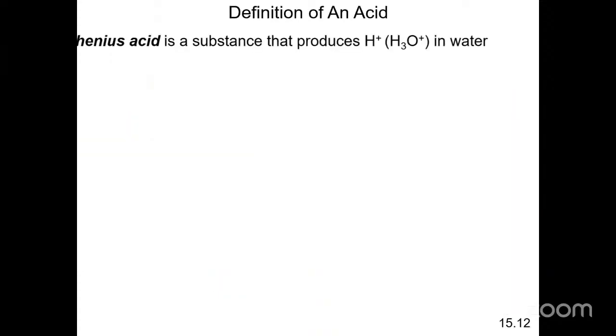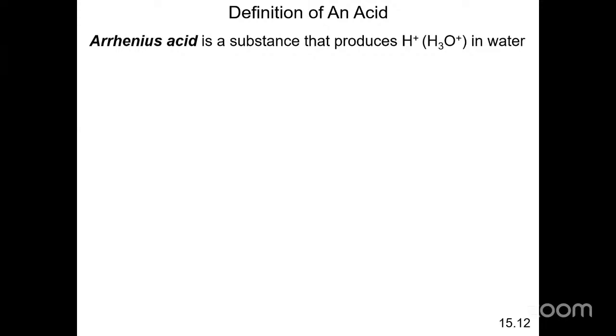Okay, now, we talked about 2 definitions of acids, all right? We talked about the Arrhenius definition, and we talked about the Bronsted definition, right? And we did similar definitions for bases. So just focusing on acids here, just to remind you, an Arrhenius acid is a substance which, when added to water, produces H+ ions, right? A Bronsted acid is basically a compound which donates a proton to a base, all right?